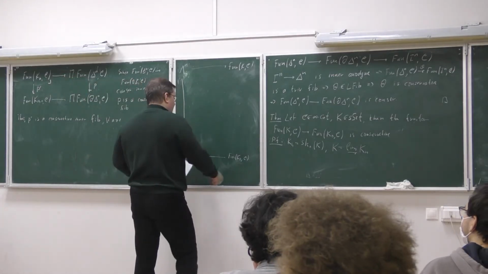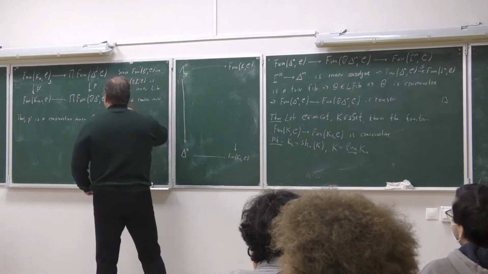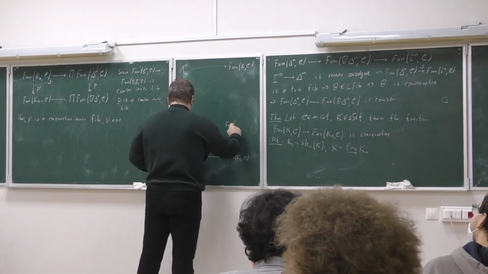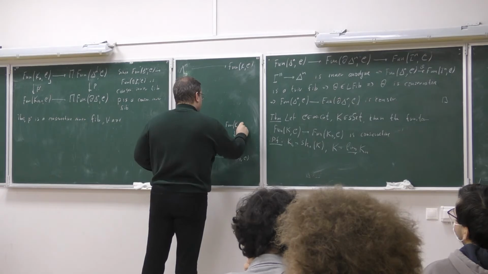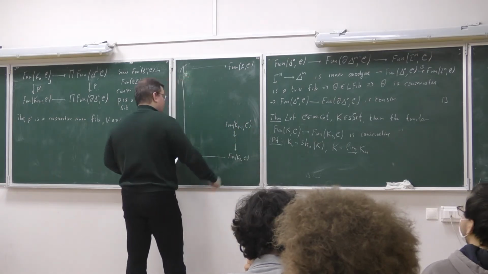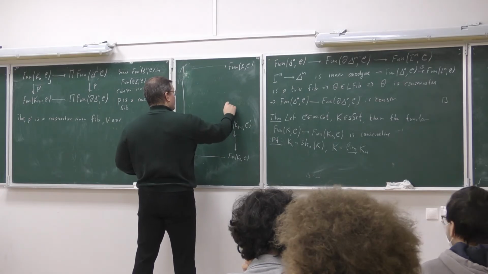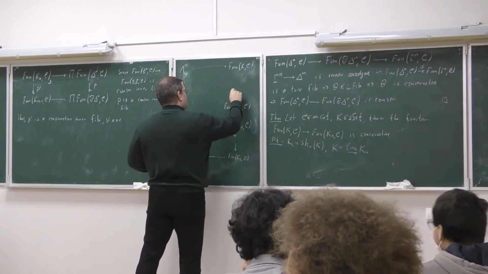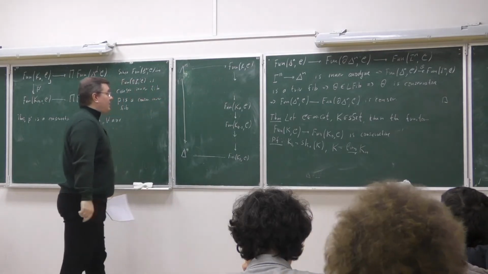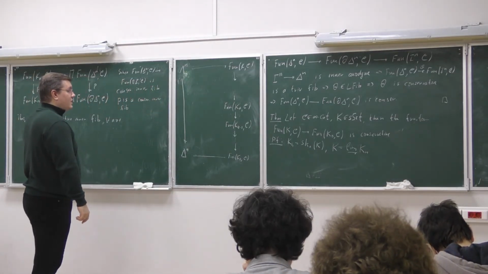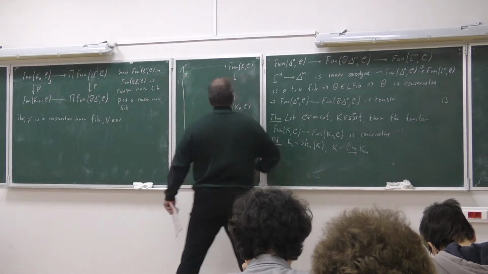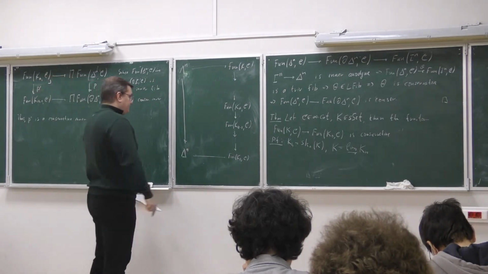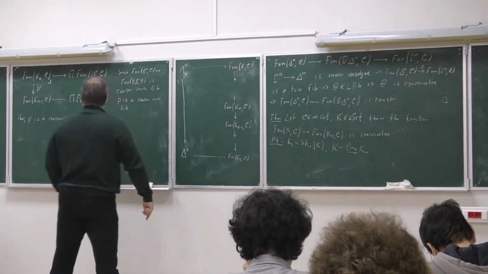But here, of course, I want to look at these Kns. So let me just include the general step from K_{n-1}, C. Here there is a map Fun(K_n, C), etc. And then by the definition that K is the directed limit of the Kns, I get the canonical map from Fun(K, C) to any such Fun(K_n, C).